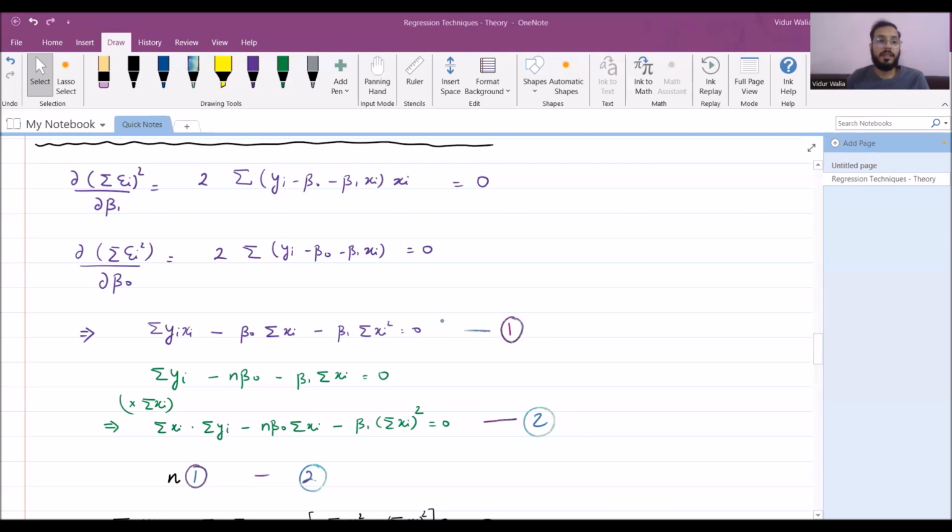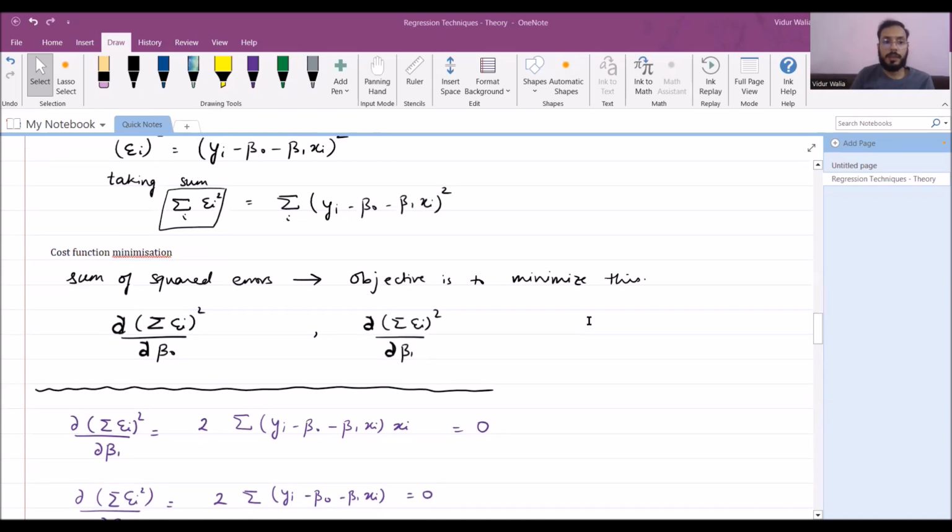Right. So now I have the derivation over here. Let's go over it quickly. As we have already seen, my sum of squared errors comes out to be the sum of yi minus beta naught minus beta 1 xi whole square, because we want the sum of squares, square first and then the sum.